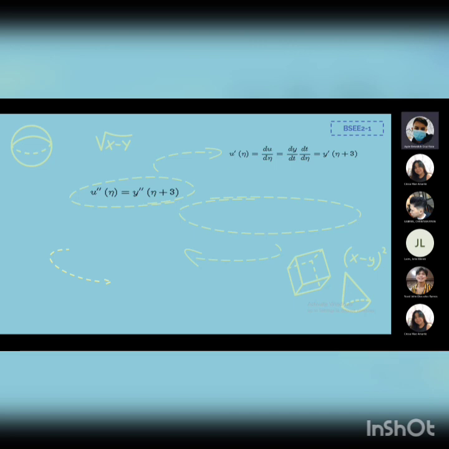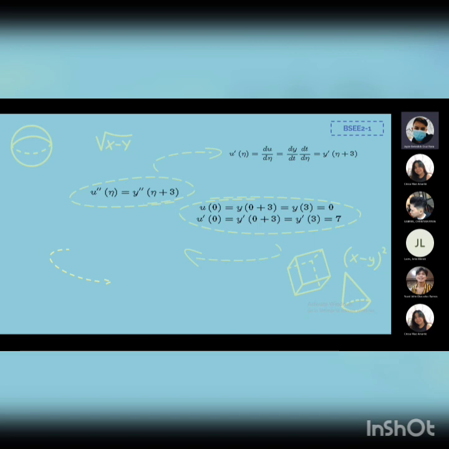The initial conditions for u(n) are u(0) = y(0 + 3) = y(3) = 0, and u'(0) = y'(0 + 3) = y'(3) = 7.